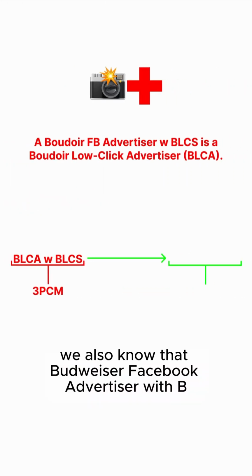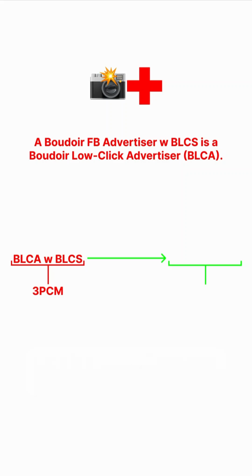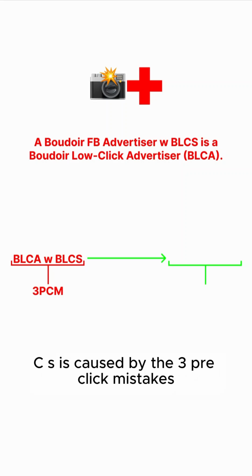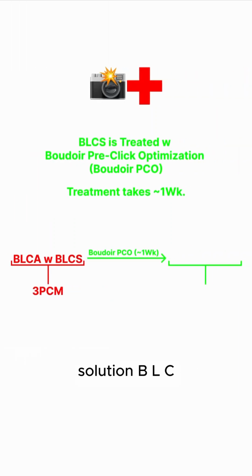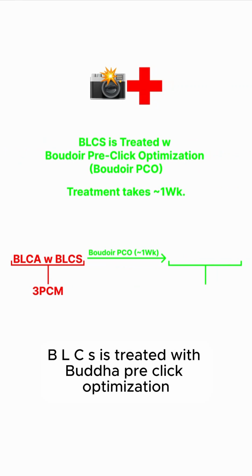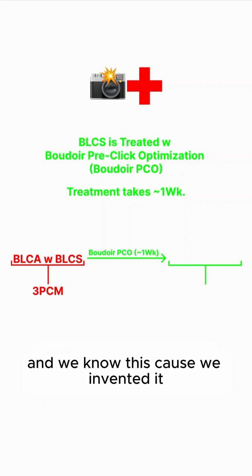We also know that a boudoir Facebook advertiser with BLCS is a boudoir low click advertiser, a BLCA. So building our universe here, we got a BLCA with BLCS is caused by the 3 pre-click mistakes. Solution: BLCS is treated with boudoir pre-click optimization, aka boudoir Pico, and treatment takes about a week. And we know this because we invented it.